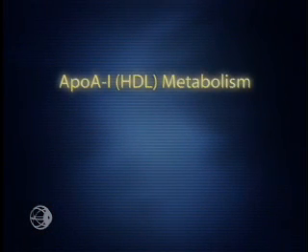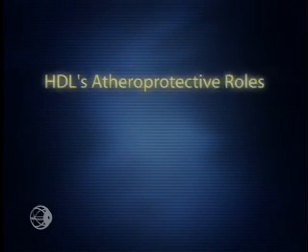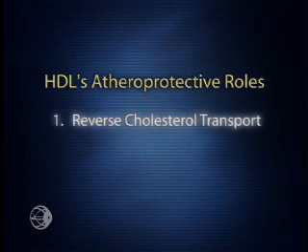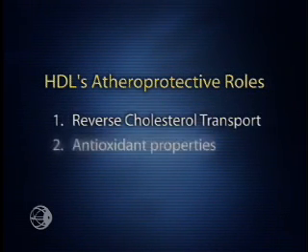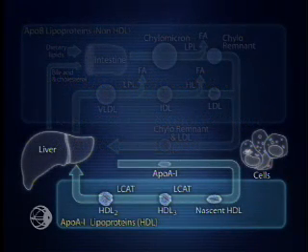Now let's examine the complementary ApoA1 or HDL pathway that protects from atherogenesis. HDL's two major atheroprotective roles are reverse cholesterol transport and properties which prevent LDL oxidation, a key trigger for atherogenesis. Let's look at reverse cholesterol transport.